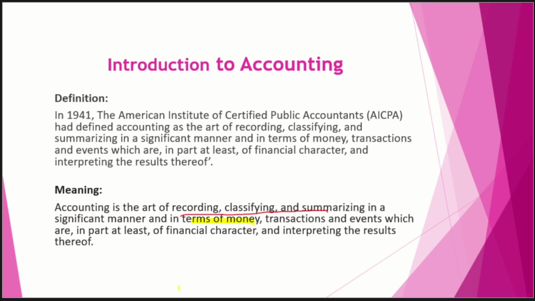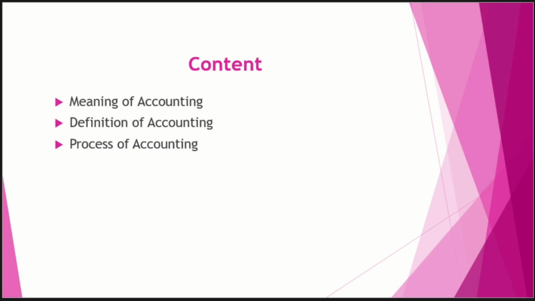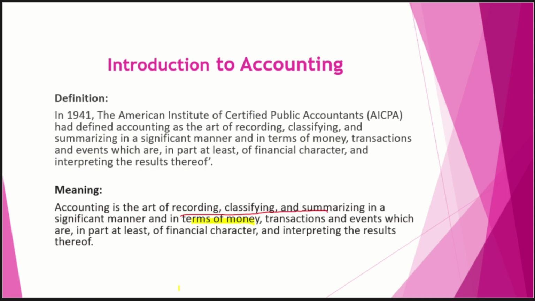In 1941, the American Institute of Certified Public Accountants, an accounting organization, gave the definition of accounting as an art of recording, classifying and summarizing in a significant manner, in terms of money, transactions which are of a financial character, and interpreting the results thereof.